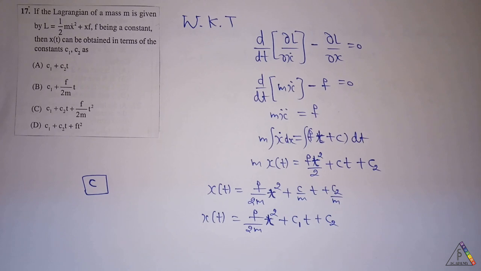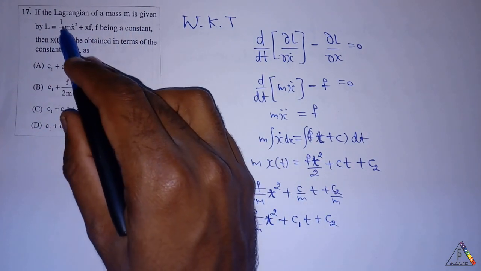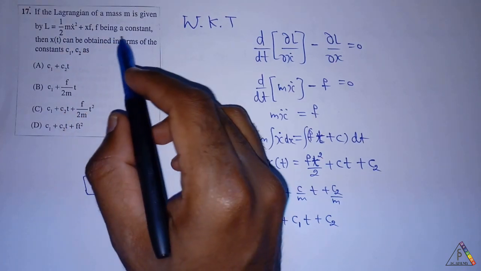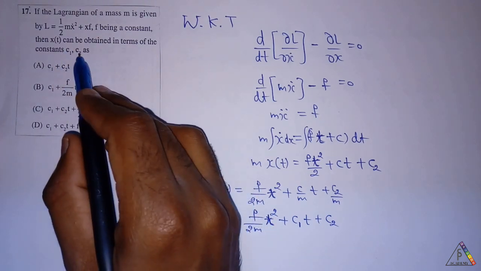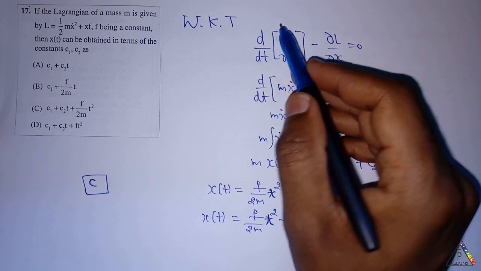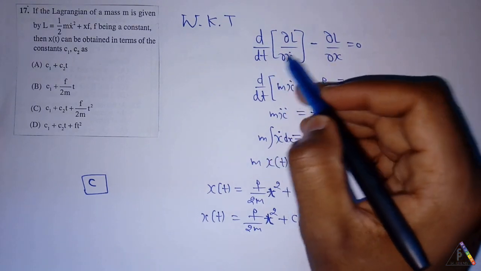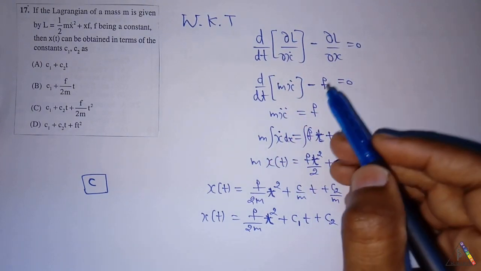Next question is, if the Lagrangian of mass m is given by L equals half m x dot square plus x f, f being a constant, then x of t can be obtained in terms of the constants c1 and c2 as. We know from the equation of motion of the Lagrangian, that is d by dt of dou L by dou x dot minus dou L by dou x equals 0.